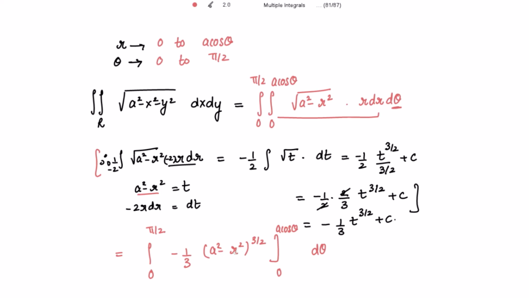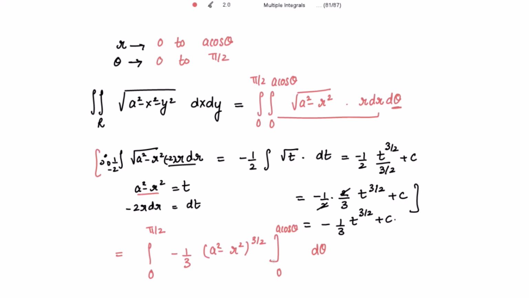That will give you a square into 1 minus cos square theta, that is a square sine square theta. So you get a square sine square theta power 3 by 2. And when you put 0, you get a square power 3 by 2. So this is minus 1 over 3, integral 0 to pi by 2, d theta.